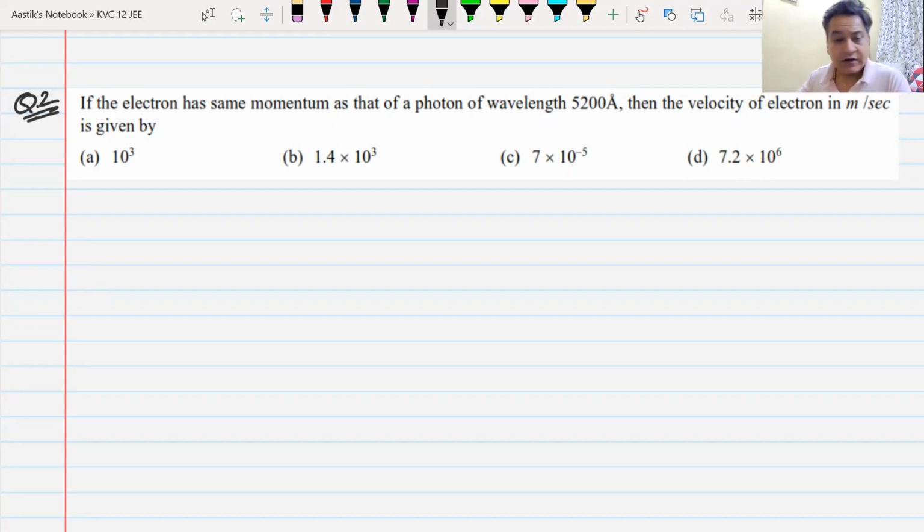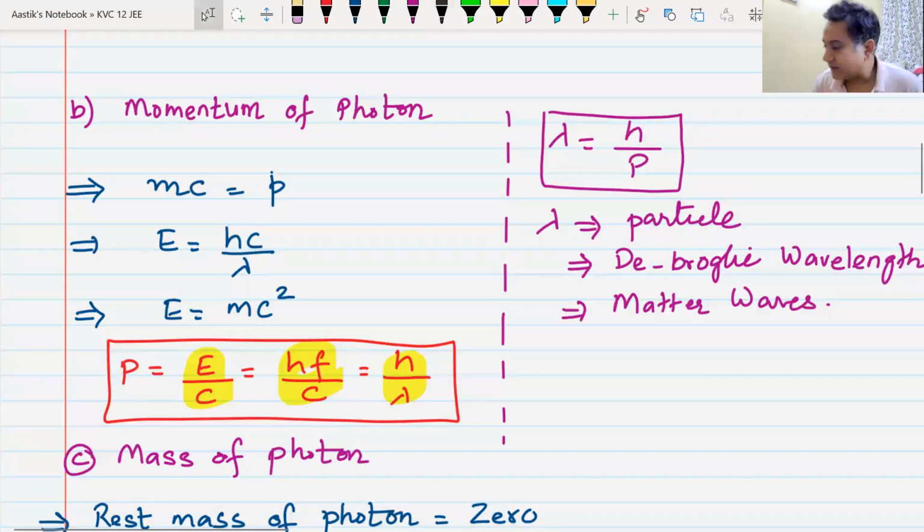So I'll give this question as homework. In the next class, I will take 5-10 minutes more and tell you more things about this de Broglie wavelength, because I'm seeing a lot of problems, and the problem that I wanted to give you actually came in one of the IITs, in one of the previous exams.